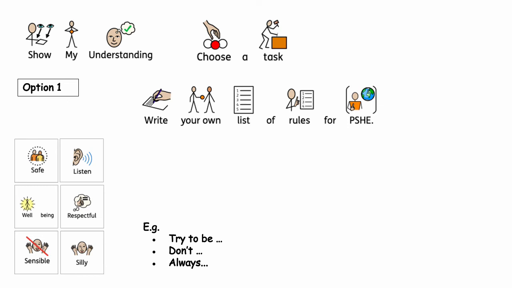So for example, try to be friendly, supportive, kind, patient are some things that you could say. Don't laugh, shout over people, make silly noises. Always ask questions, ask if you're unsure, encourage other people. So there's lots of things that we can write down as a good rule for PSHE.